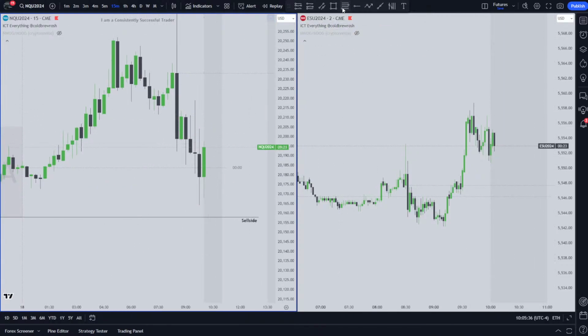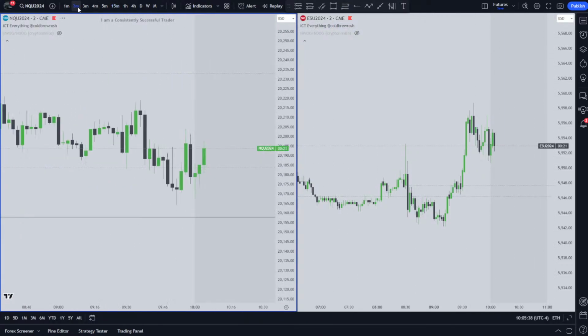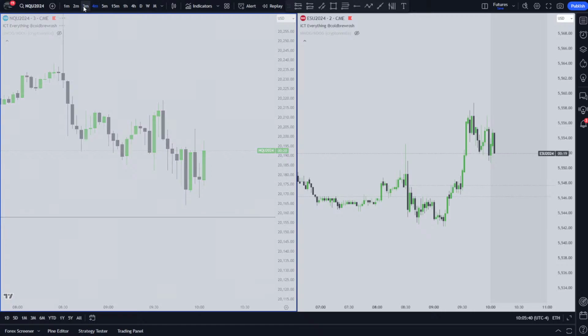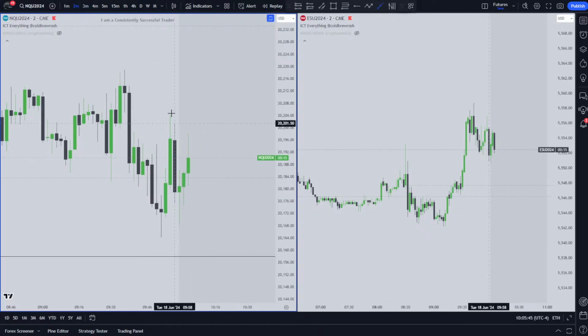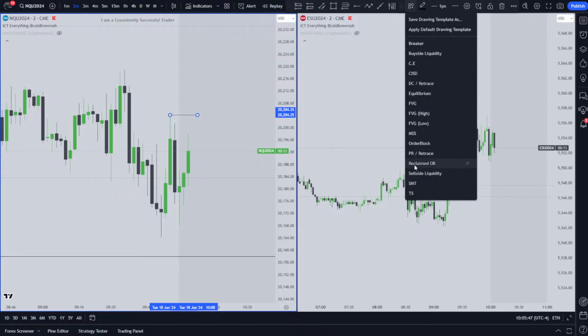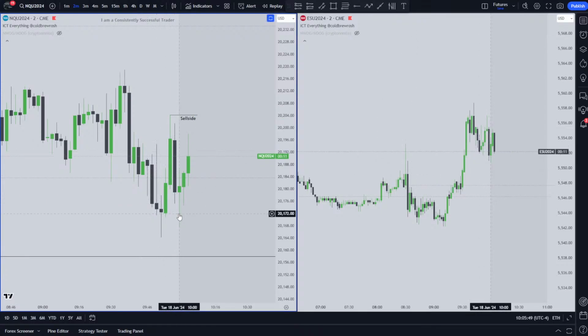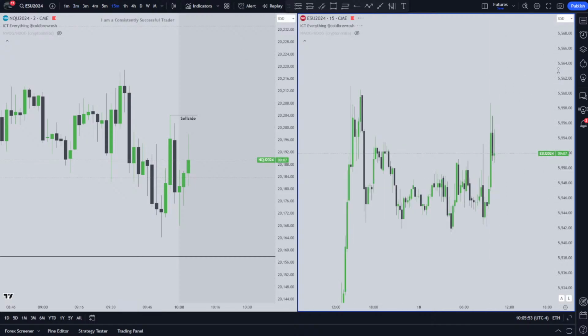I'm curious, let me see if it's gonna do another potential sweep. Let's see. We could get a reversal because we've got a 10 o'clock potential reversal in play.